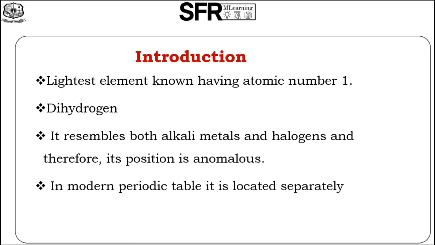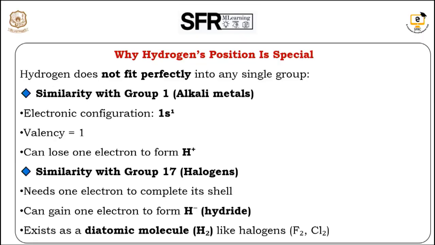The fundamental rule is increasing atomic number from left to right, starting with hydrogen and ending with oganesson. Hydrogen is placed at number 1, in the row of the s block. But hydrogen does not perfectly fit with any single group, because it is a special one.